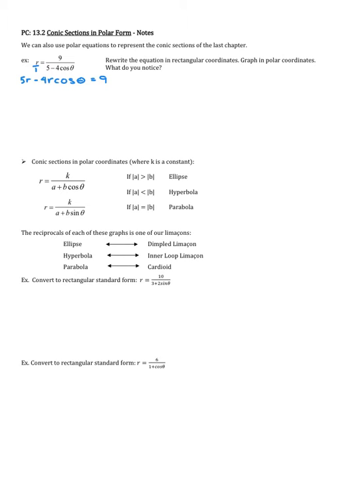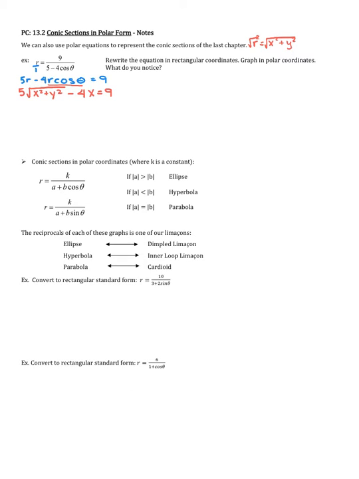I know r squared is going to equal x squared plus y squared, so I can take the square root of both sides. So I have here 5 times the square root of x squared plus y squared, minus 4 times x, since I know that cosine theta times r is x, and that all equals 9.